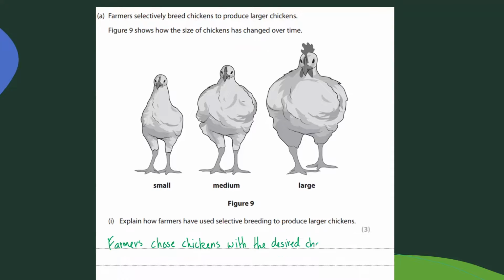So in this case, it's size, isn't it? Large chickens in this case to breed together.